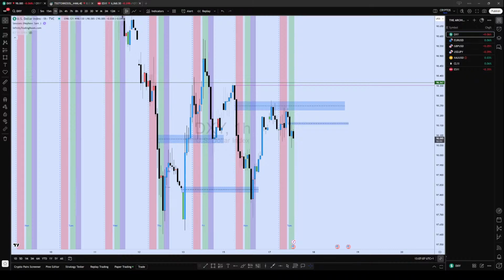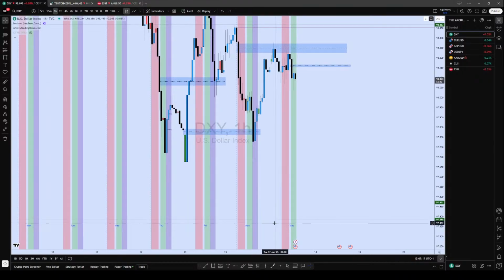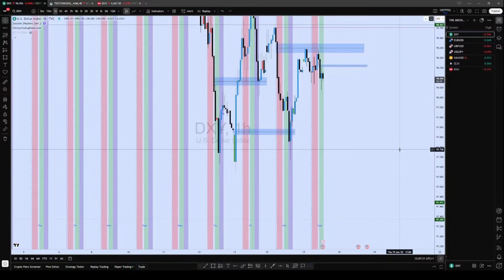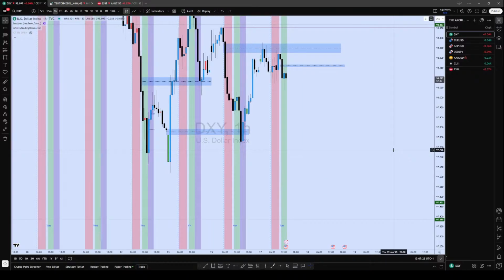If you remember what I said, we might be going from this level and then move back here, and then ultimately for the 97.47 level.